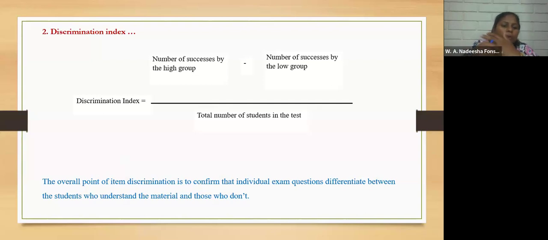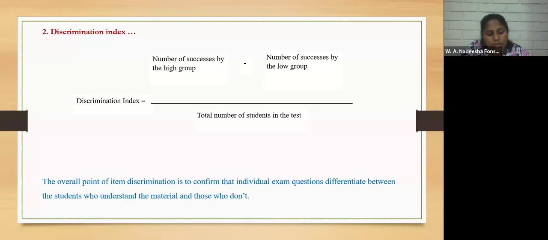The overall point of item discrimination is to confirm that individual exam questions differentiate between the students who understand the material and those who don't. We can get an idea of how many students understand this type of learning area, because we consider questions one by one.